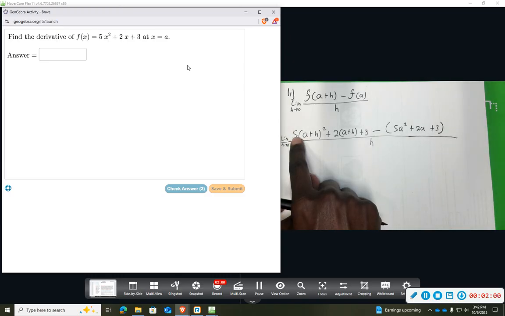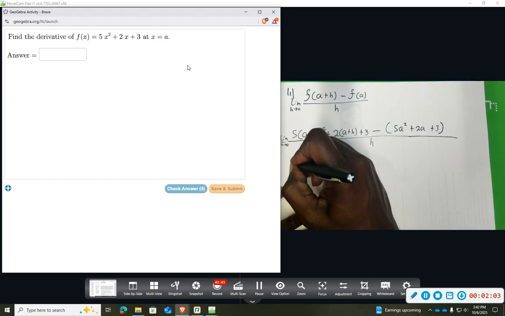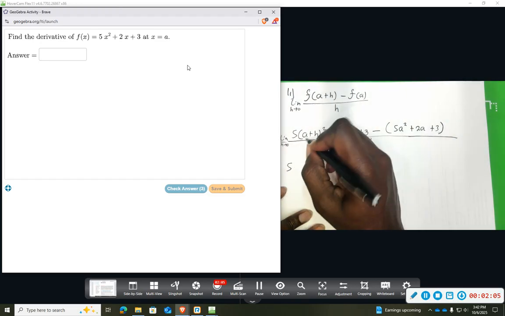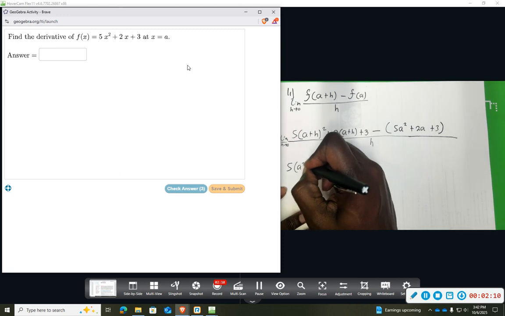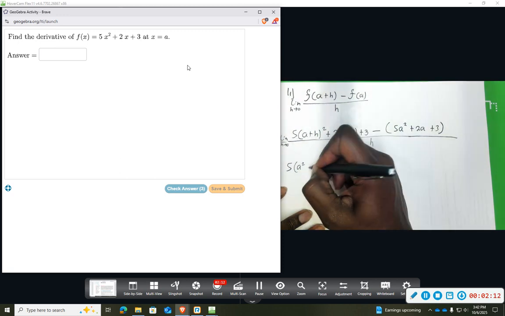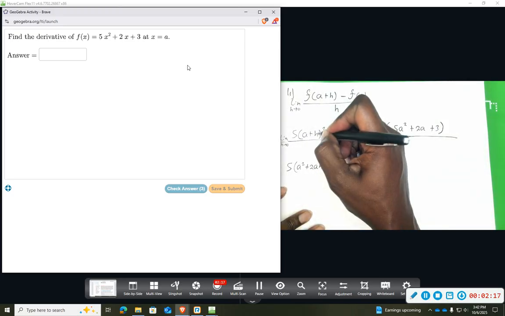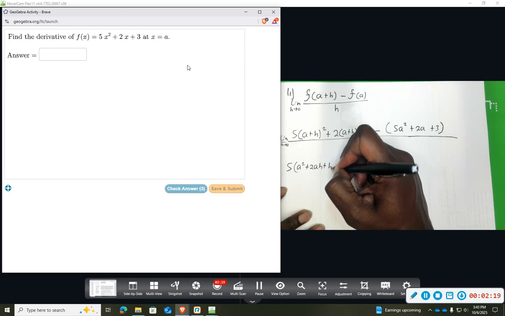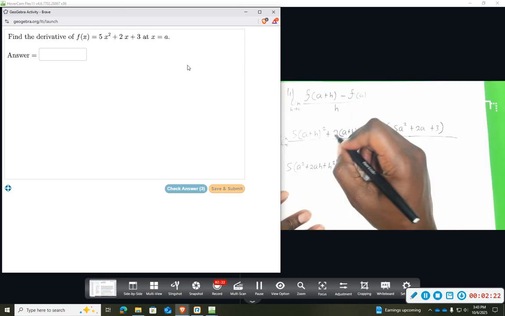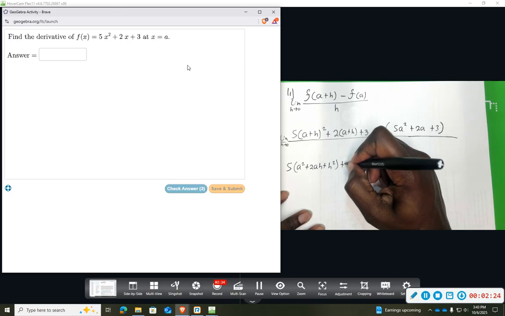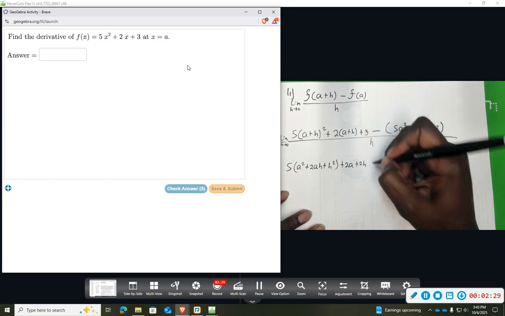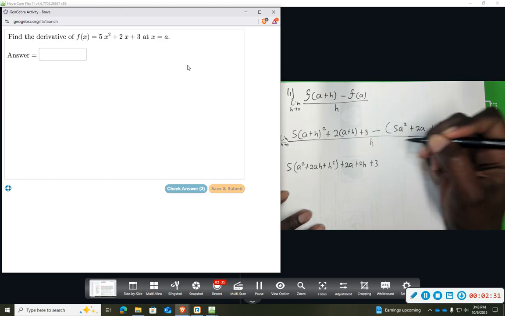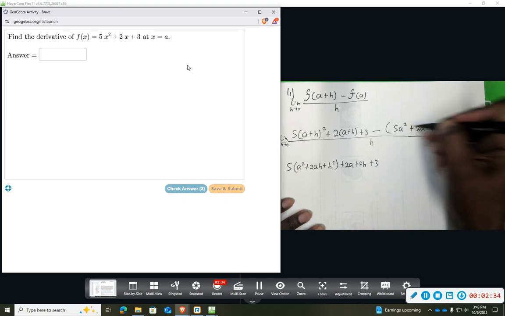Alright, so we're going to FOIL, so I'm going to leave the 5 out, and then when we go through the FOIL process, you can just square the first term, you multiply and double, so you have a plus 2ah, and then you square the last term, so you have a plus h squared. You can go ahead and distribute the 2a, 2h plus 3, and then all we're going to do is distribute a negative throughout this parentheses.